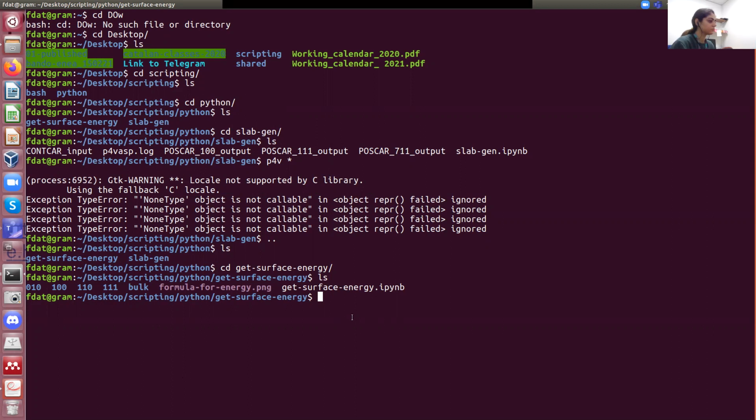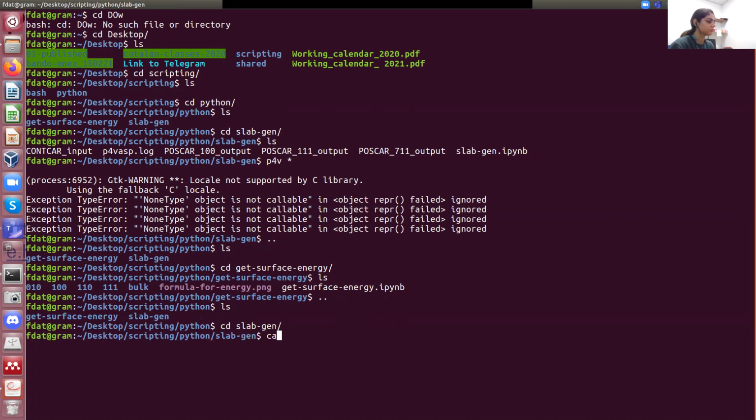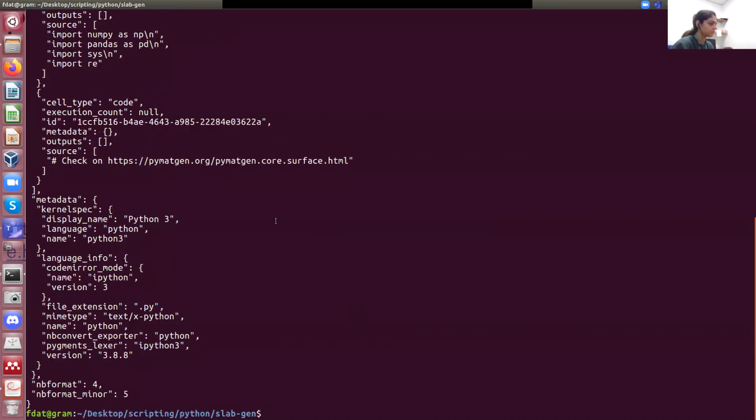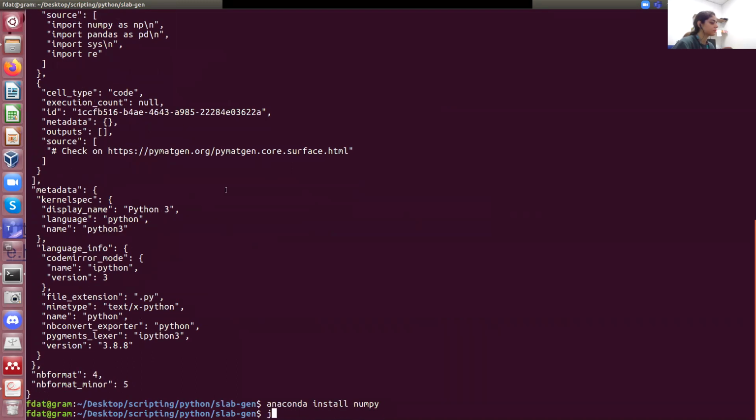So the other one is much more complex, okay? Because this one, well, no, sorry, it's not much more complex. So in SlabGen, you will see that I basically didn't give any big help. Let's say I will open it directly with the Jupyter notebook.